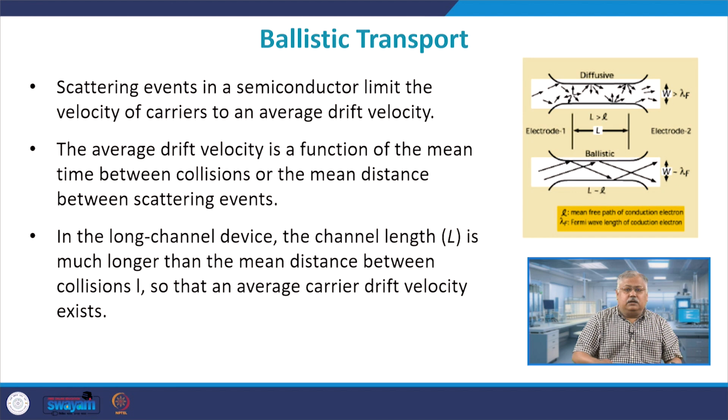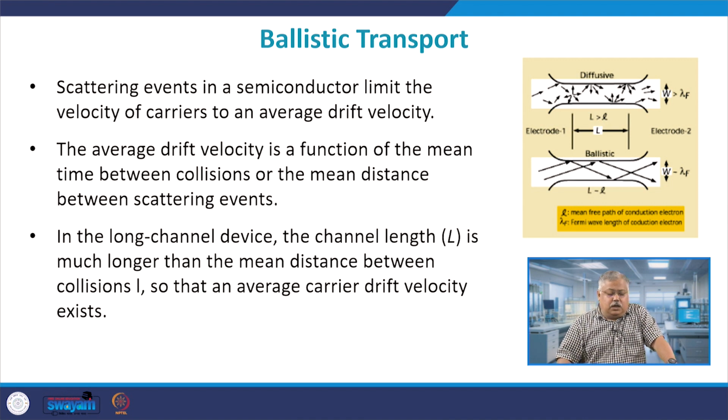Let me come to the last phenomenon which we were supposed to discuss, and I am keeping it very qualitative in nature at this stage. It is known as ballistic transport. Till now, the limiting factor for velocity in a semiconductor is basically the scattering event. So, the higher the scattering, the more the velocity limitation.